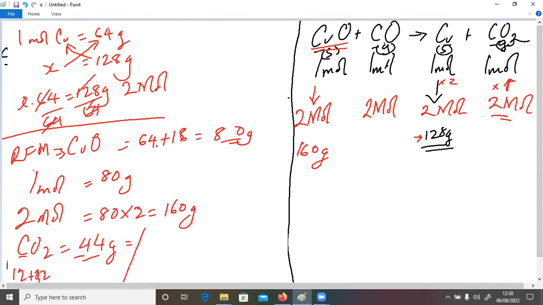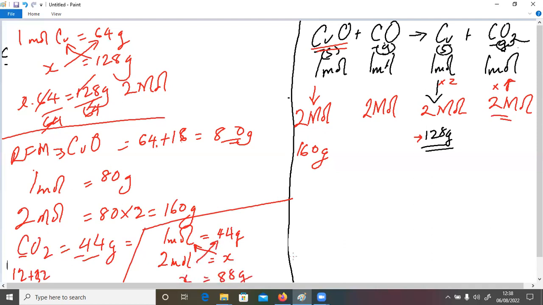If 1 mole of carbon dioxide is 44 grams, 2 moles is equal to X. You do some cross multiplication and you end up with 88 grams. So I'll produce 88 grams of carbon dioxide.